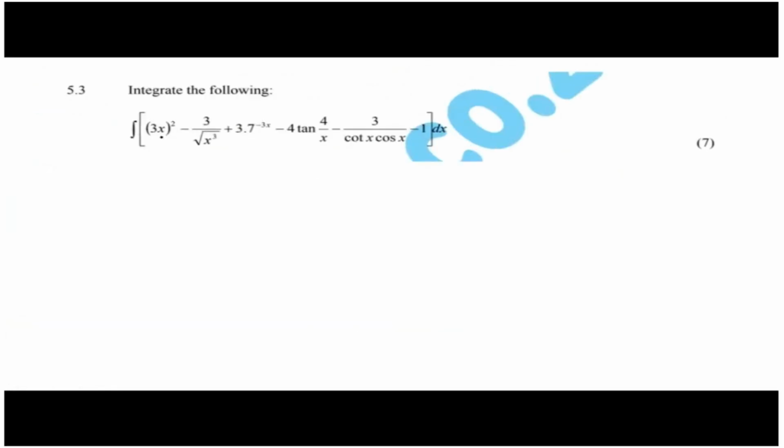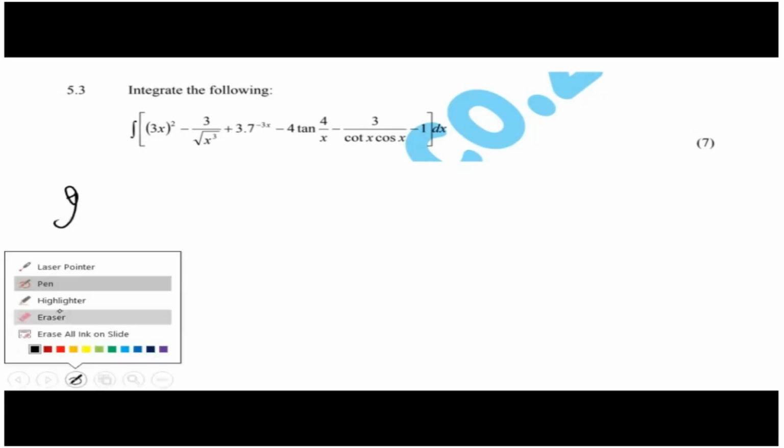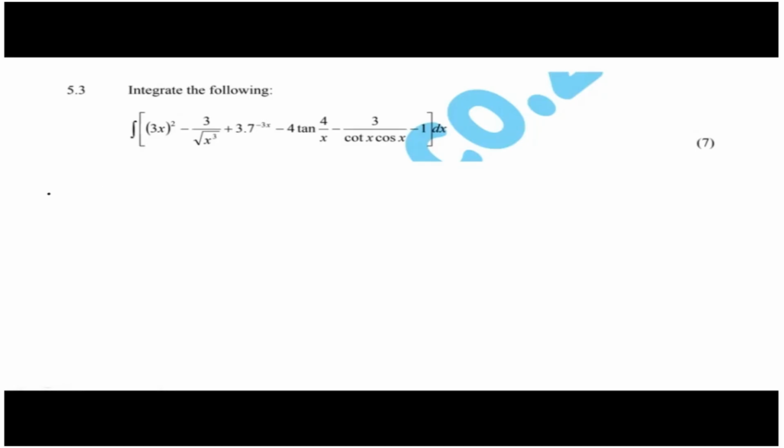So we're supposed to simplify this one by opening the bracket. This is the same thing as 9x squared. Remember I said that this is 4x. So that is 9x squared.